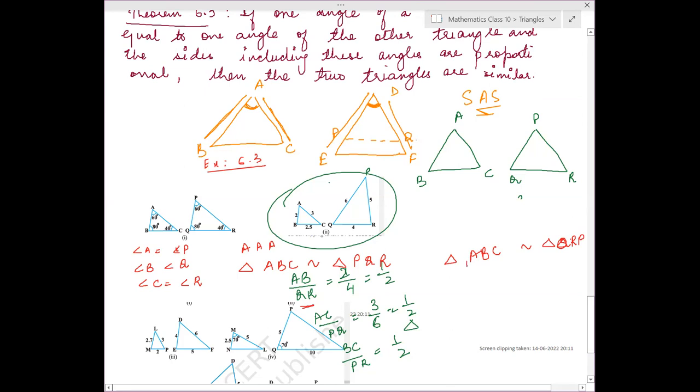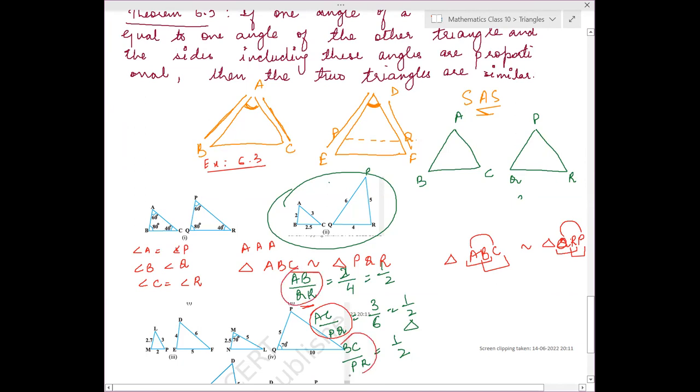So this means that AB is proportional to QR. Clear? And BC is in proportion to RP or PR. And then your AC is in proportion to QP. That you can see here. Yes, AC is in proportion to PQ. And then AB is in proportion to QR.